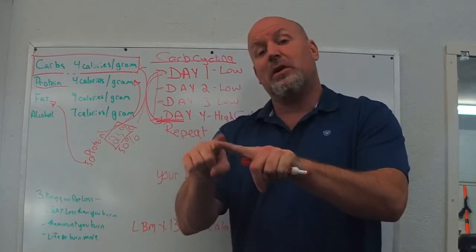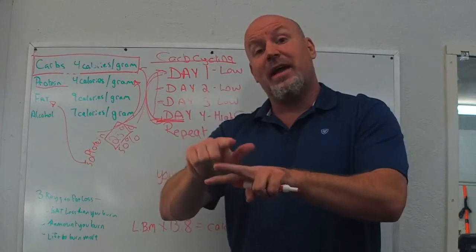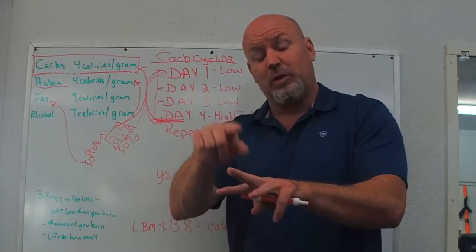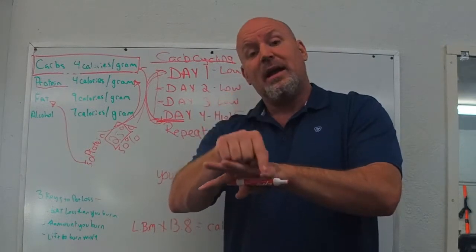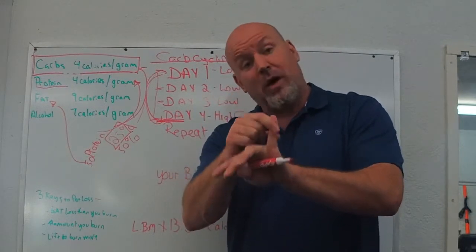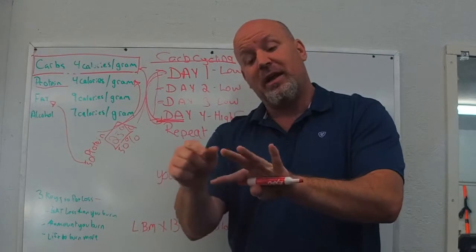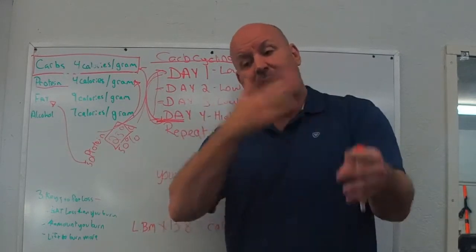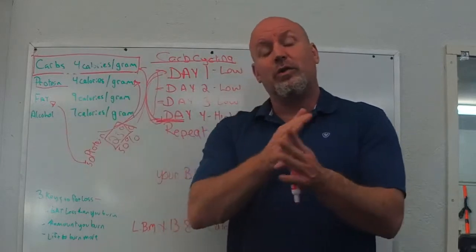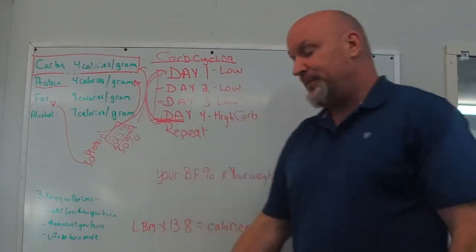Friday would be back to low carb day 1. Saturday low carb day 2. Sunday, low carb day 3. And then Monday, we're back to our high carb, 50%. And then Tuesday, low carb day 1. And we cycle through that. So there are no specific days of the week.